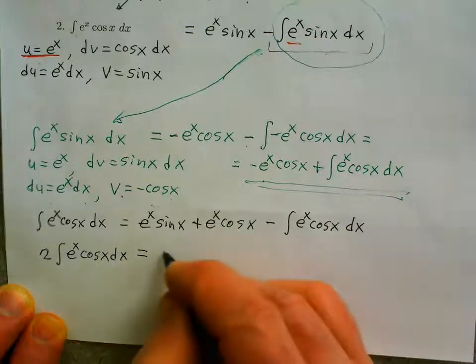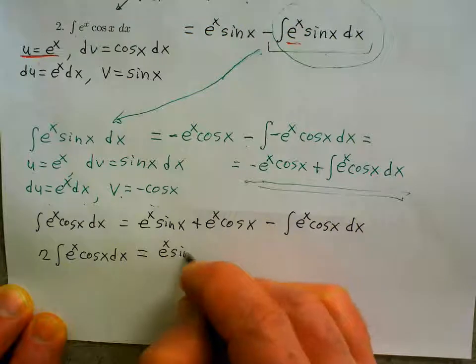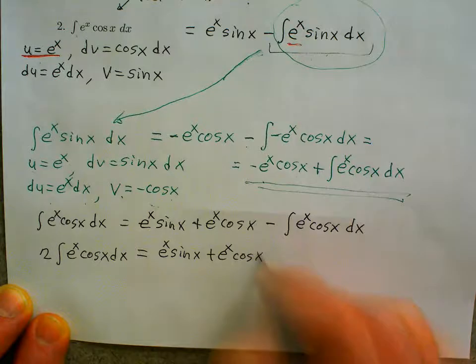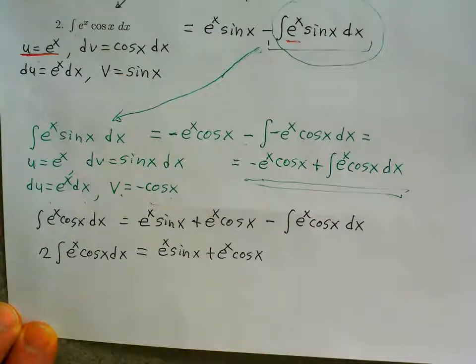And on the right-hand side, we get e to the x times sine of x plus e to the x times cosine of x. And now we just divide both sides by 2 to find a formula for the indefinite integral of e to the x times cosine of x dx.